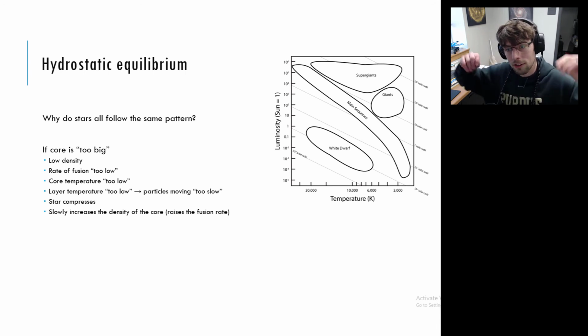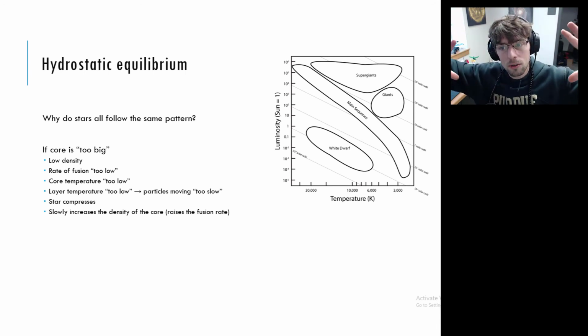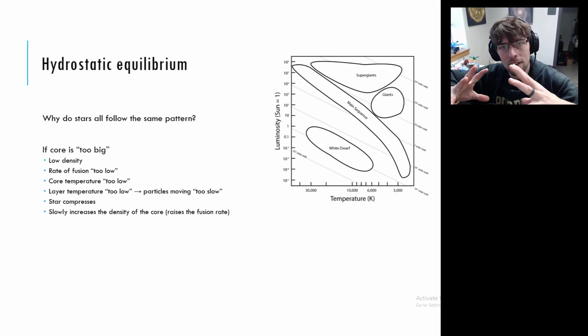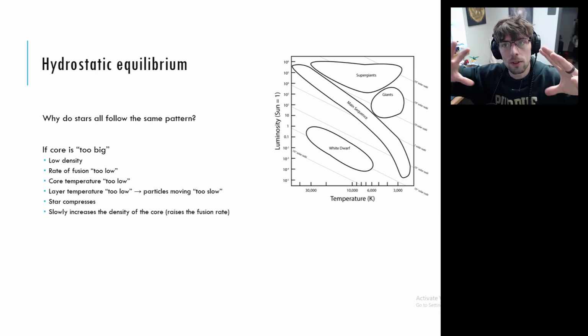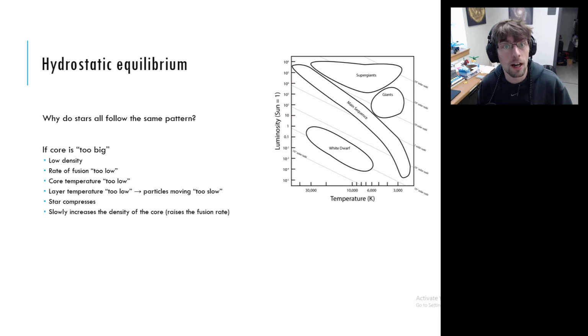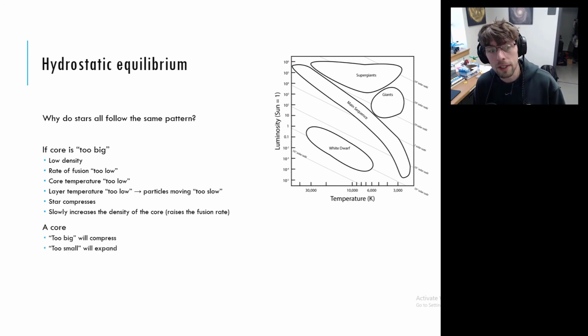So a core that's too large will decrease in size and slowly increase the rate of fusion to compensate. So if a core is too big, it will compress. It's too big to support the size of the star.